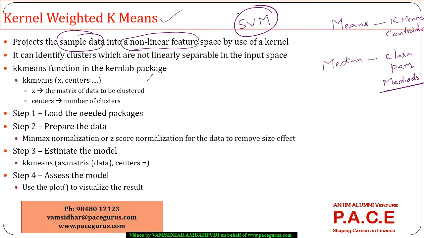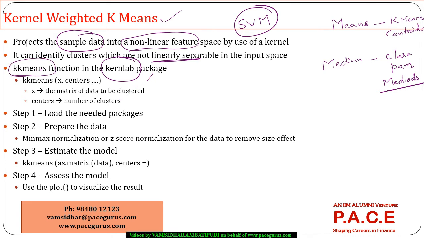That's the same thing we are doing here as well. So it can identify the clusters even if they are not linearly separable. If the relationships between them are completely non-linear, I can still use this kind of mechanism to identify the groupings between the data.